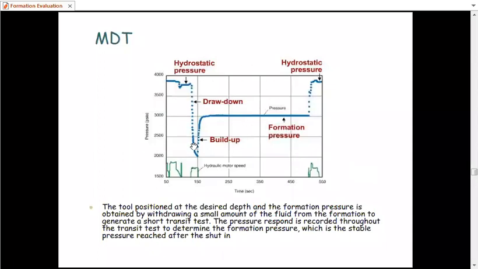This graph or chart defines the process or the steps for analysis of the MDT, or modular dynamic tester.